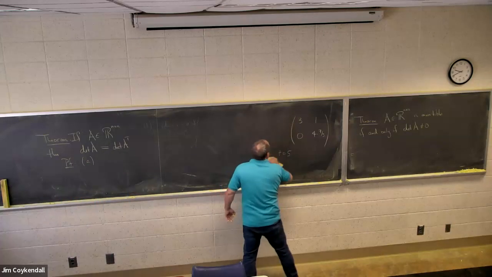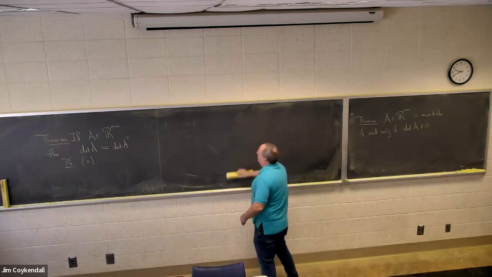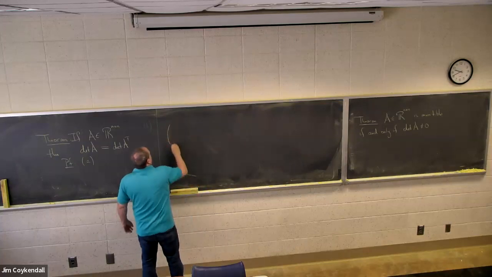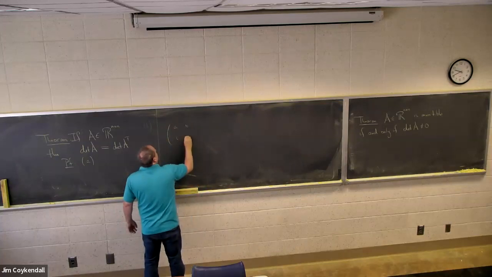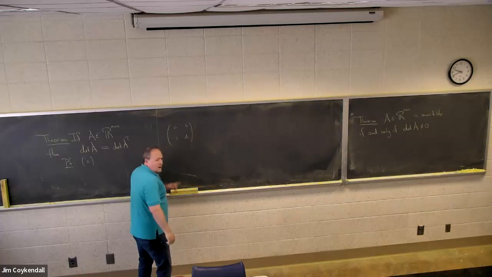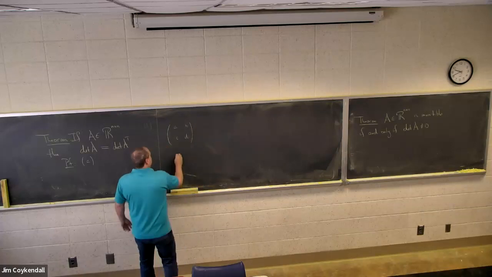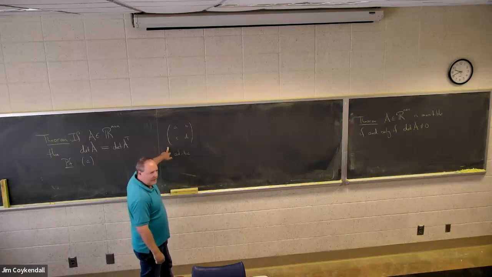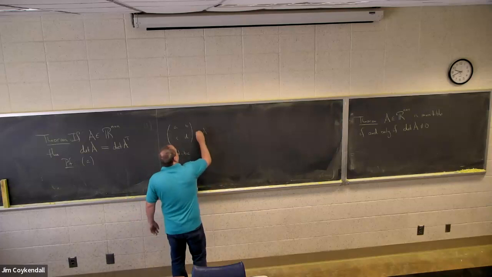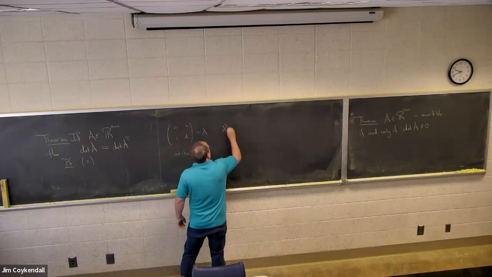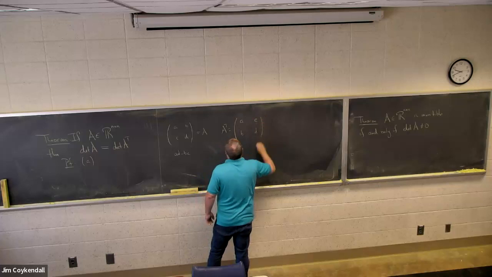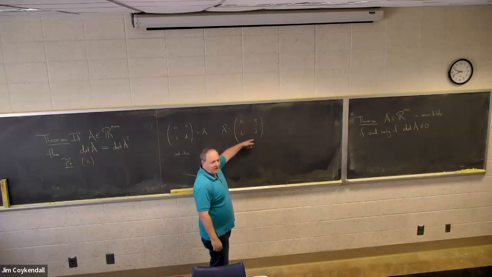How about something with a little more depth to it? Well, suppose I have A, B, C, D. The determinant of this is, transpose, and somehow this works out to be the same, right?